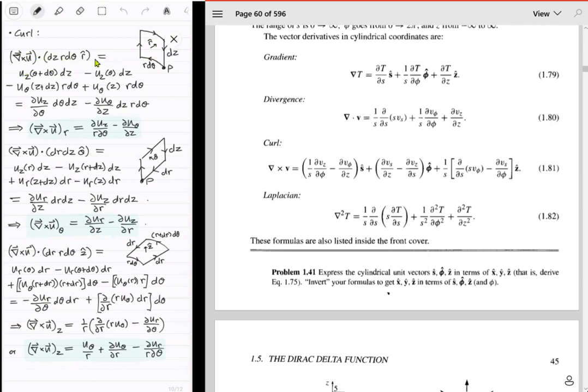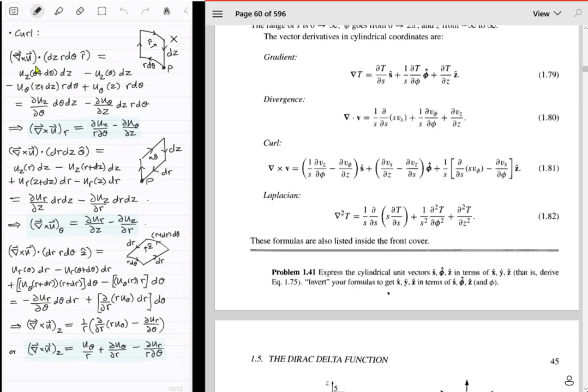Still, what we get is del cross u dot dz r d theta r hat. This is our dA vector. You already know how curl is calculated: it's the line integral upon the area, or you could say the curl dotted with our area vector is equal to the line integral, for a small area, that is.